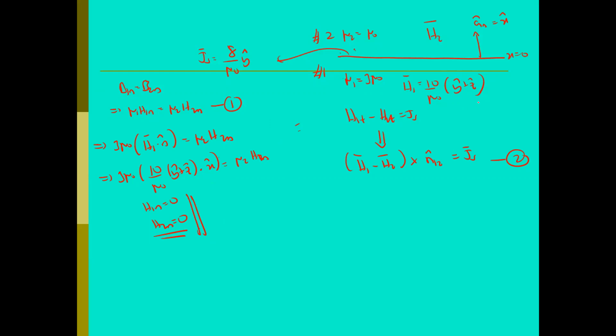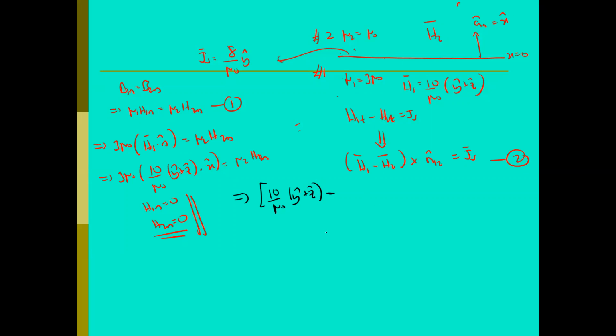Okay, and for the second boundary condition, which is based on the tangential component of these vectors, we are given that H1 is 10 over mu naught y plus z. H2 is unknown, because we don't know what H2 should be.